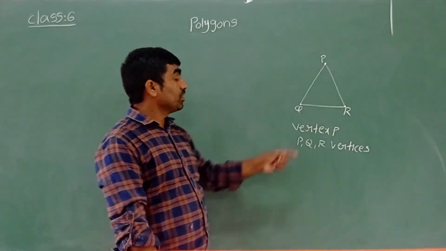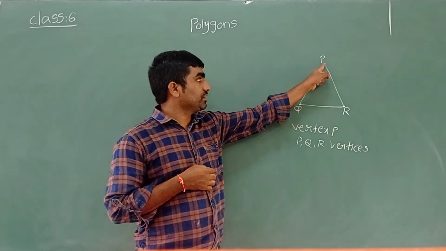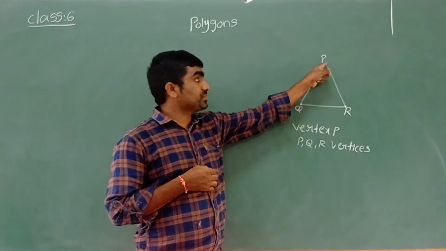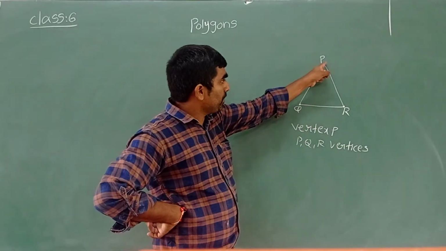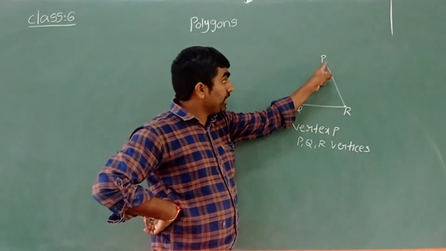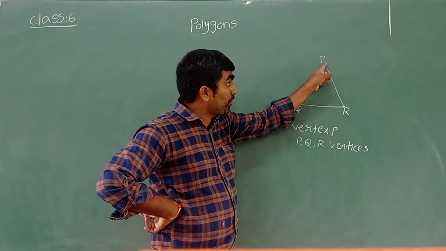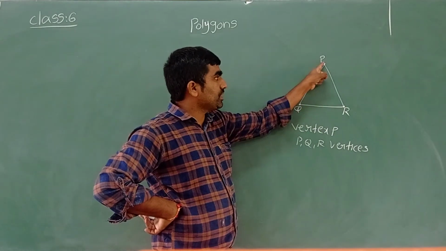Now let's see first what is meant by a vertex. Why is P called a vertex? What is the reason? A vertex is a point which is the common endpoint of any two line segments. Here PQ is one line segment which has two endpoints P and Q. PR is a line segment which has two endpoints P and R. In line segment PQ, P is the endpoint.